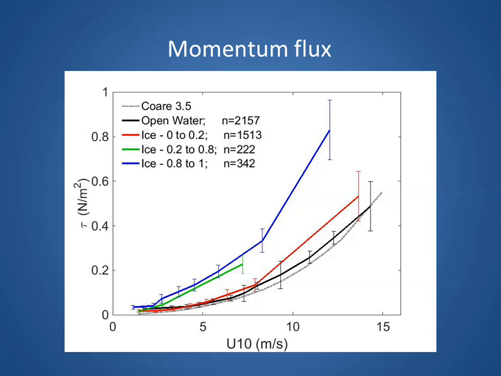Our momentum flux increases a little bit, and then at the larger ice periods, it increases quite a bit. So as you just saw, that's expected. That's been found before by Andreas and others, because the roughness of ice is greater than open water. So we expected this, but it made us more confident we had everything lined up right with our data.